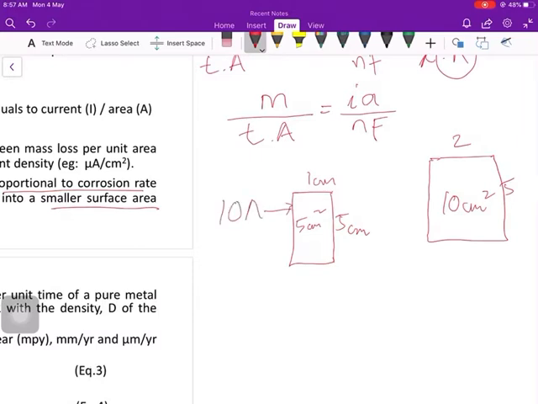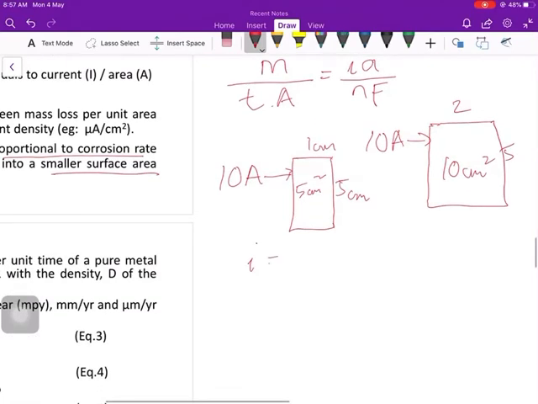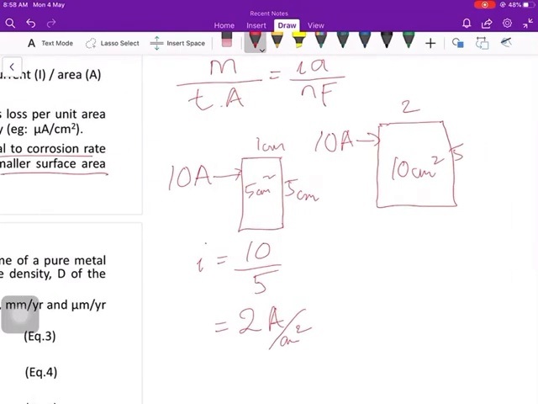Let's say the current flowing through this metal is 10 ampere, as well as this 10 ampere. This is the current. Okay, so if you calculate the current density i, it is the current in ampere divided by the area. So you will get 2 ampere over cm square.